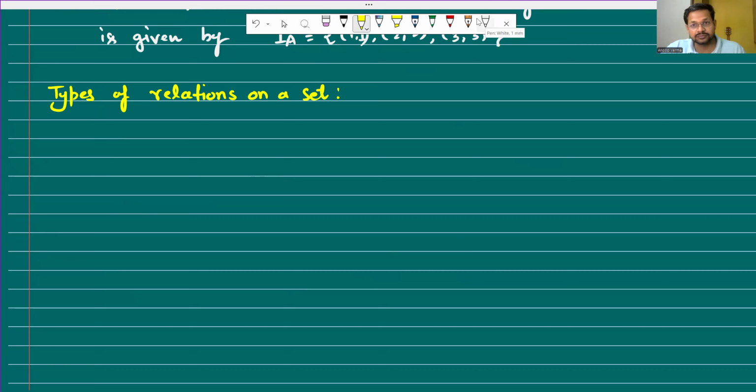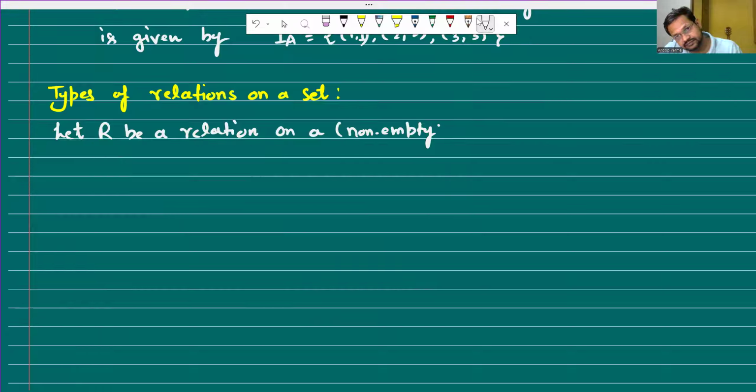So if I'm just taking R as a relation, then what type of relation will we call it? Let R be a relation on a non-empty set A. Then this R is called a reflexive relation.